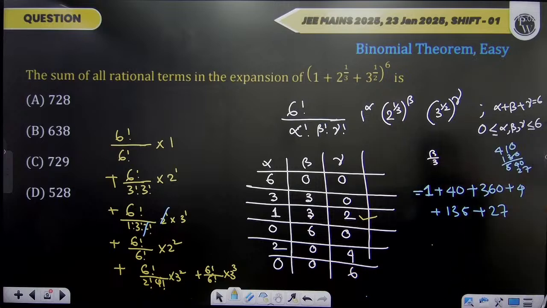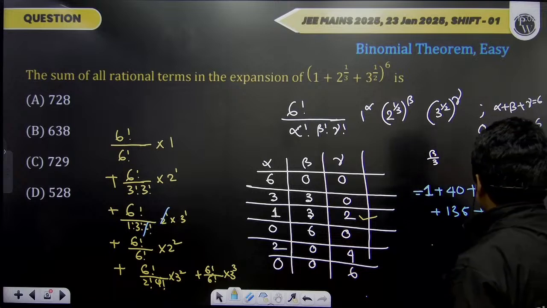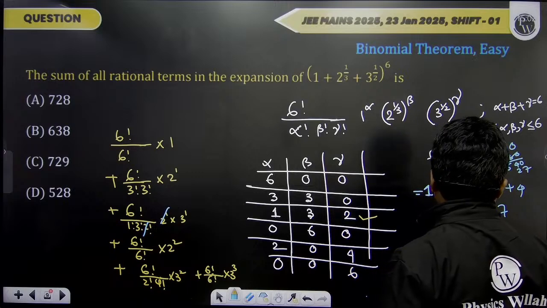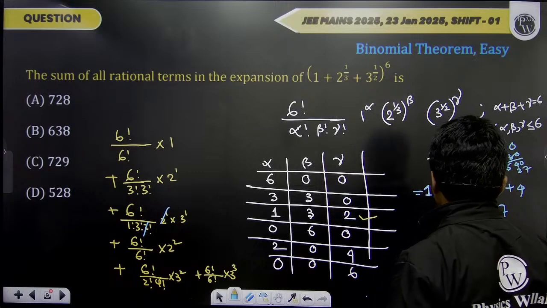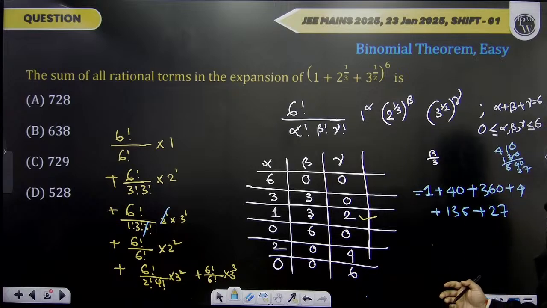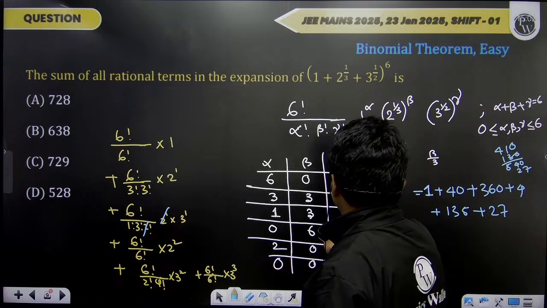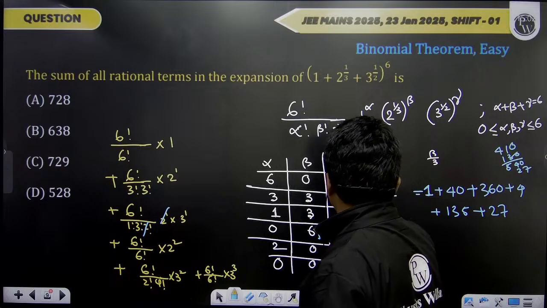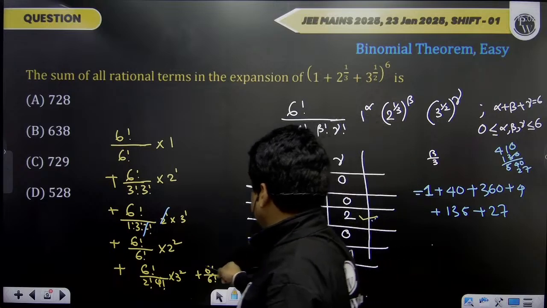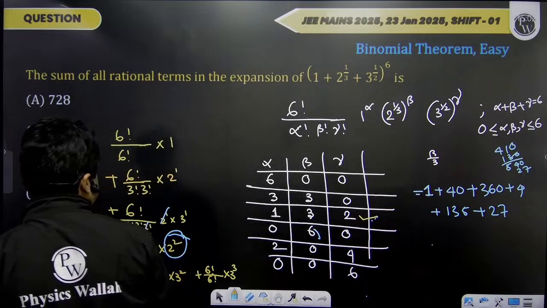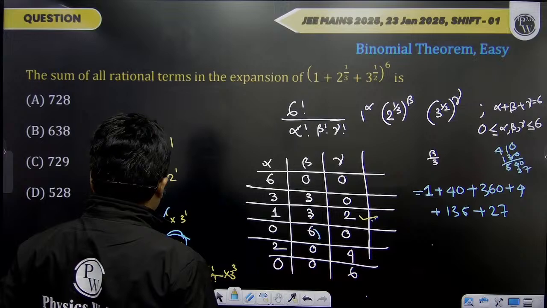Did we miss any case here? Let's verify this. 6 factorial by 6 factorial.